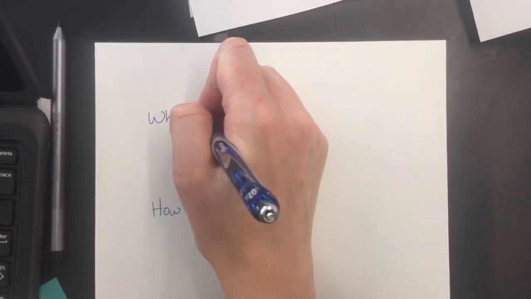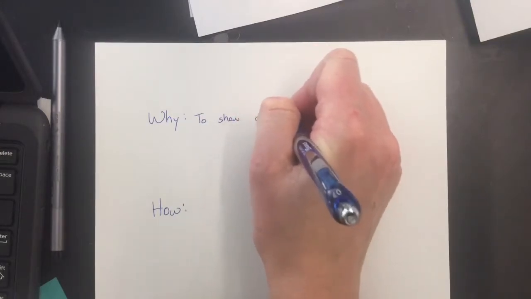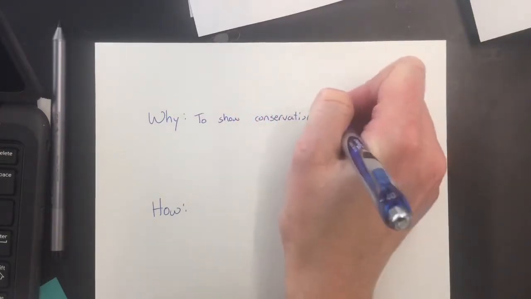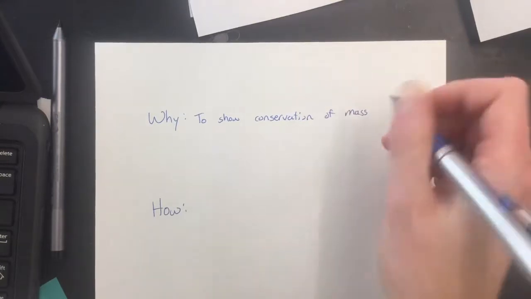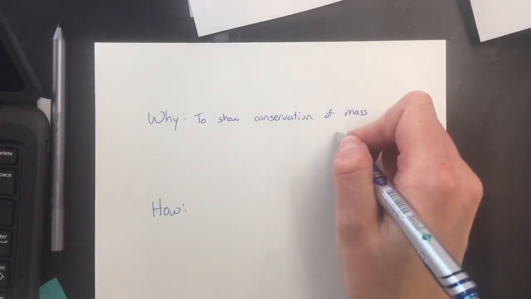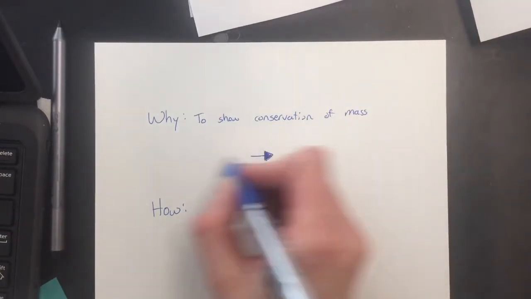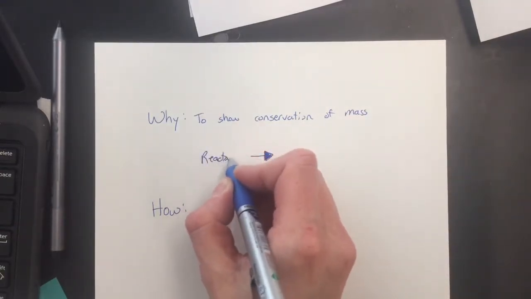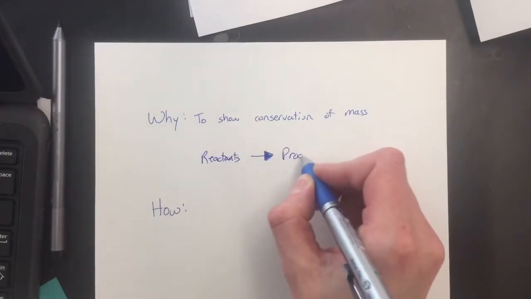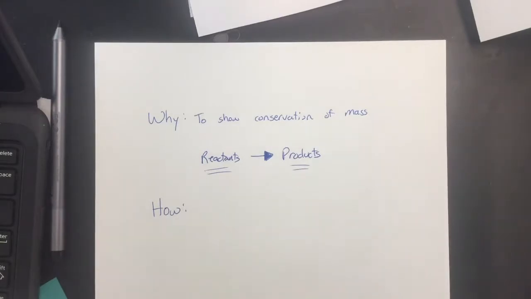So why you would balance equations is to show conservation of mass, okay? And the reason we have to do that is because mass can't be created or destroyed. So when you have your little chemical equation with your reactants and your products, the gist is that everything that's over here has to be over here somewhere too, okay?